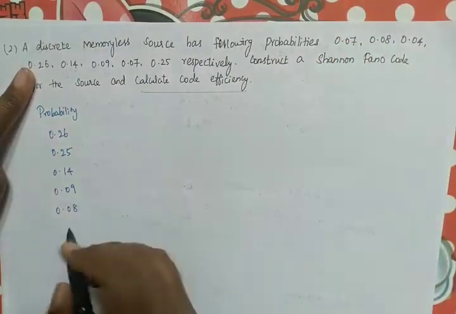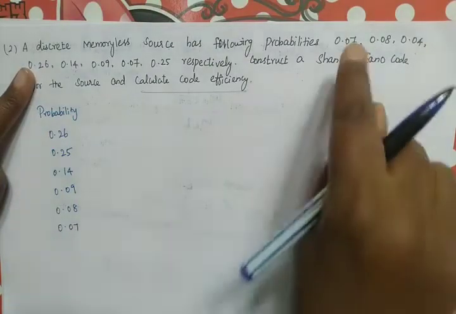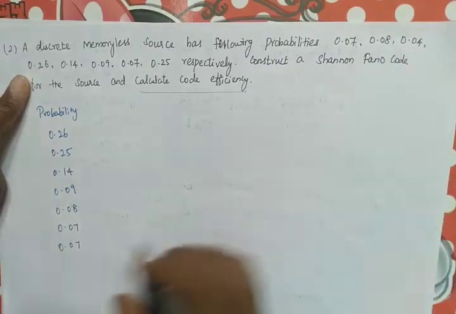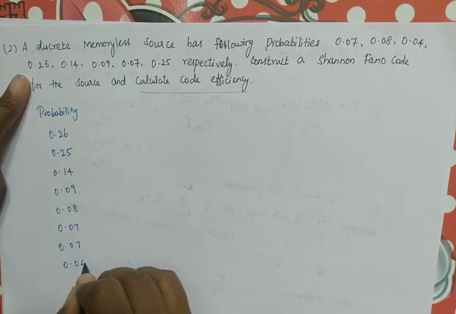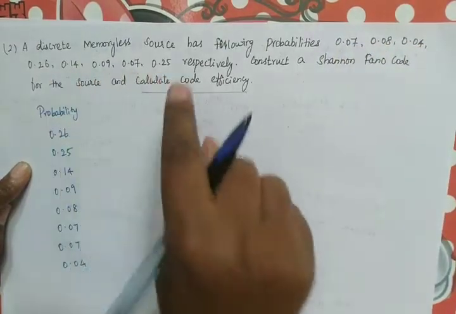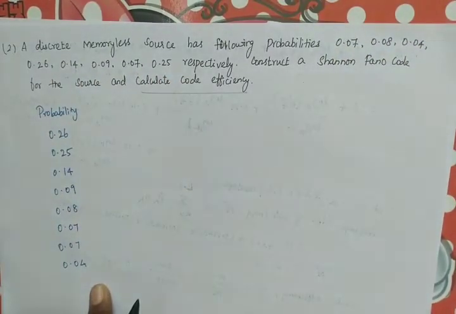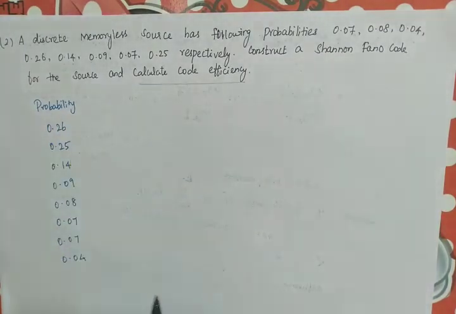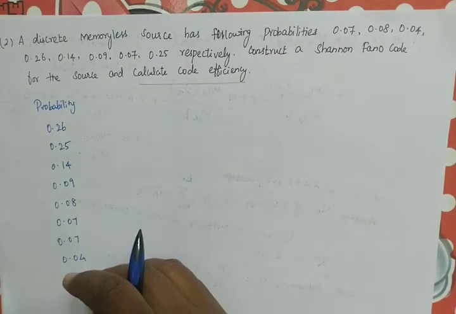And the next value is 0.07, but we have it 2 times, so 0.07, 0.07, and finally 0.04. Let us check: 1 2 3 4 5 6 7 8, so 8 values are there. So the first step is we have to write the numbers in the descending order.